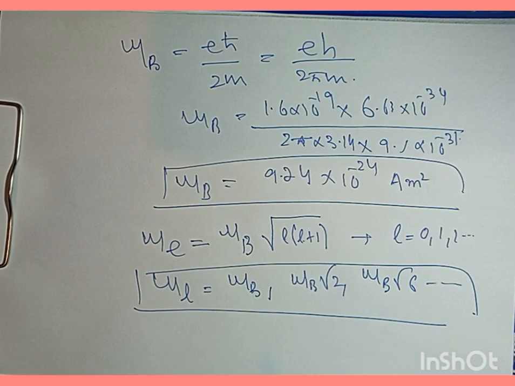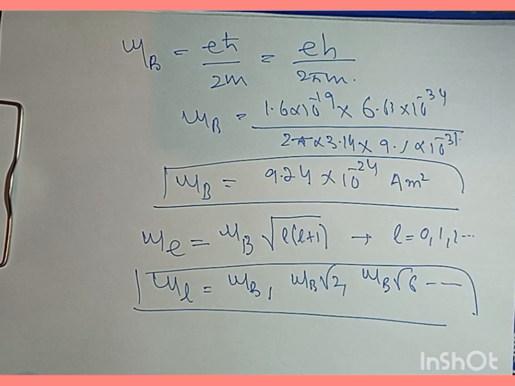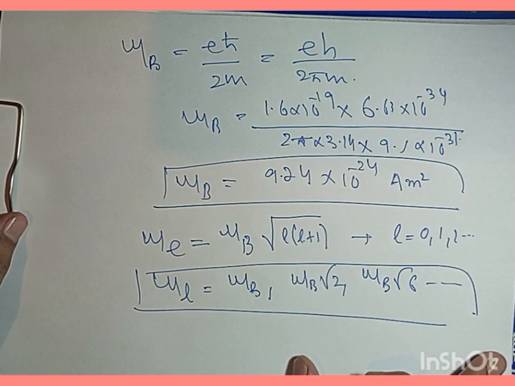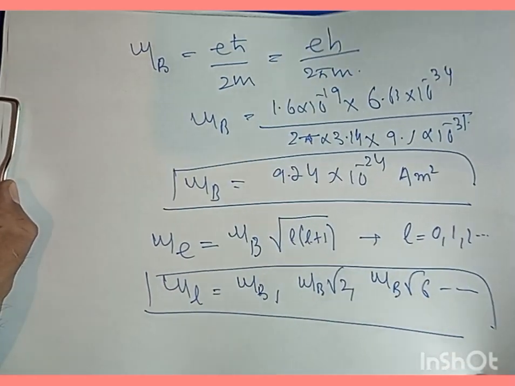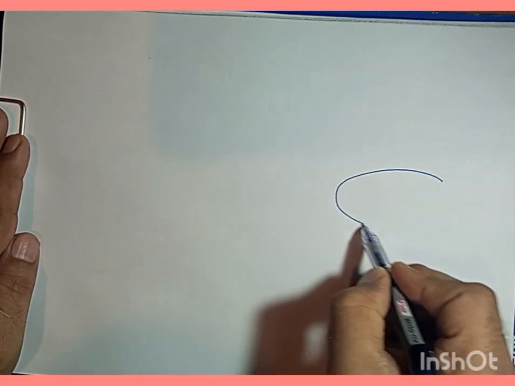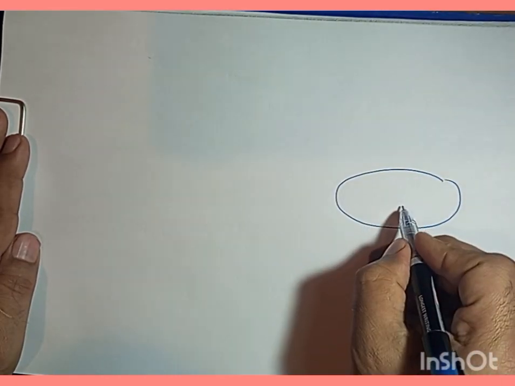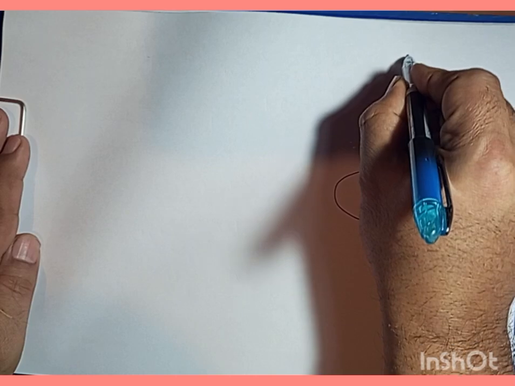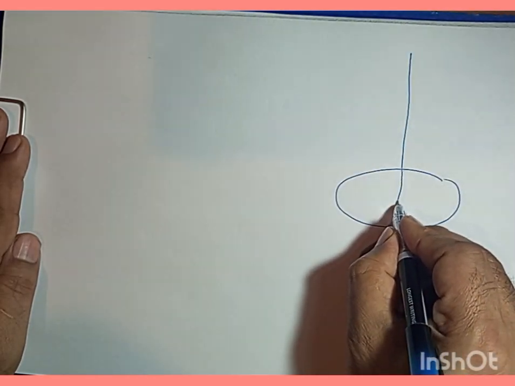Now, what is important here is that we are supposed to apply the magnetic field in the z direction. What this magnetic field causes, basically, is we have an orbiting electron, and we apply the magnetic field in the z direction.